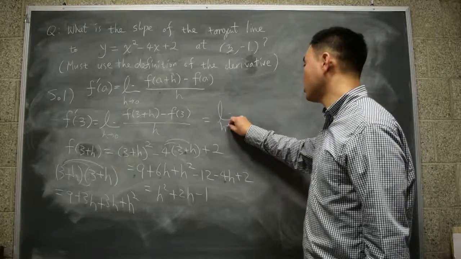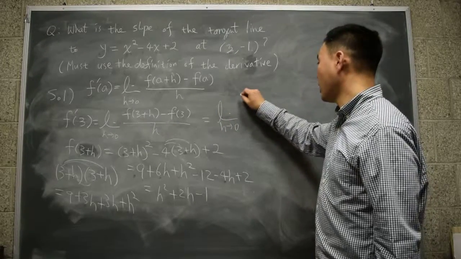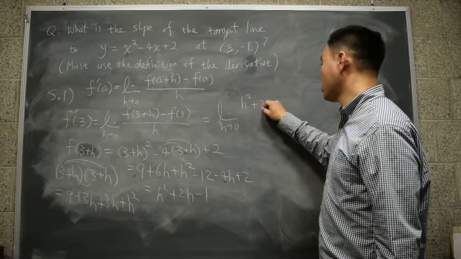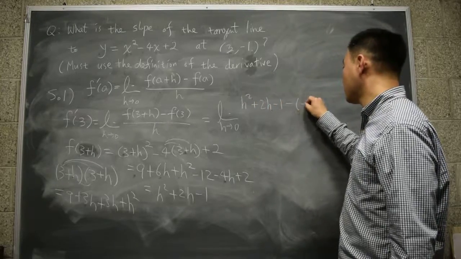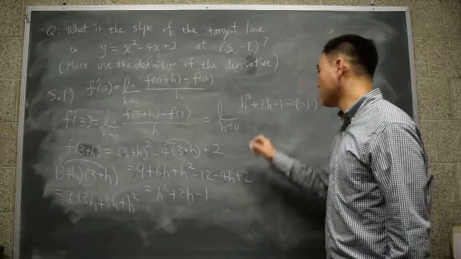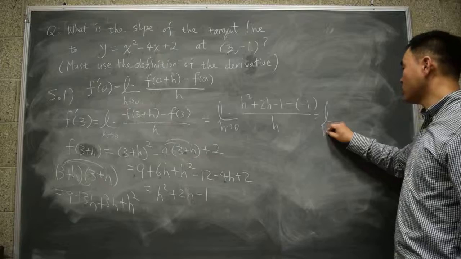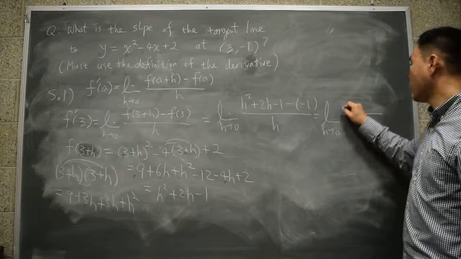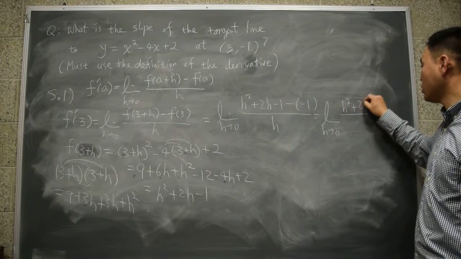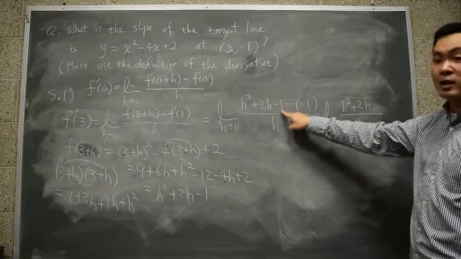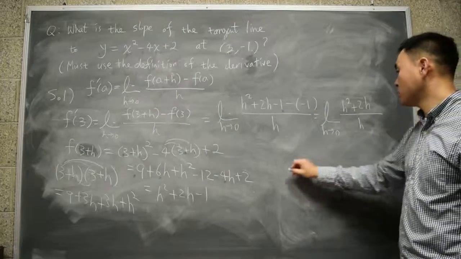The limit as h goes to 0 of h squared plus 2h minus 1 minus f of 3, which is negative 1, divided by h, which is the limit as h goes to 0 of h squared plus 2h over h, because negative 1 and negative 1 cancel.